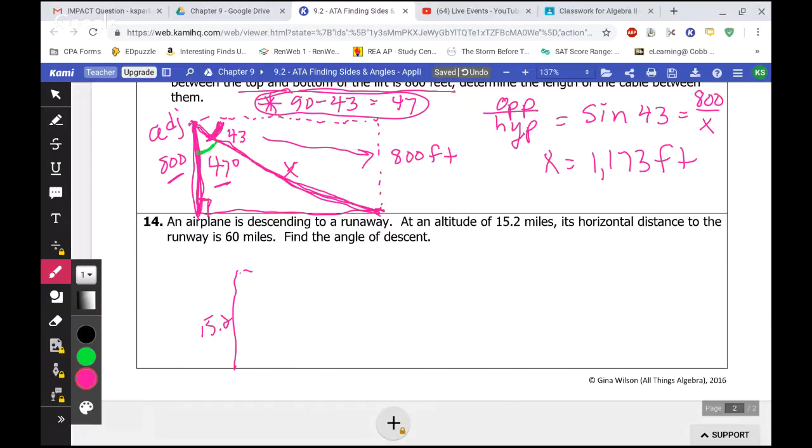The horizontal distance between the runway and the plane is 60 miles. We're finding the angle of descent, which is the angle of depression. So it's this angle right here.